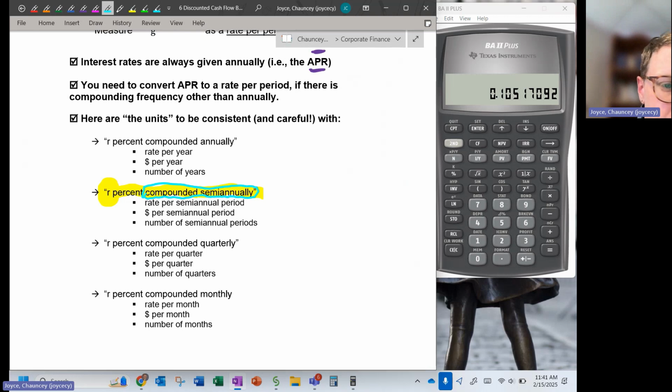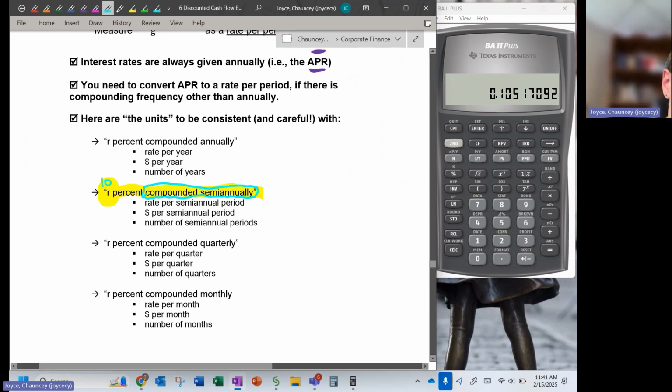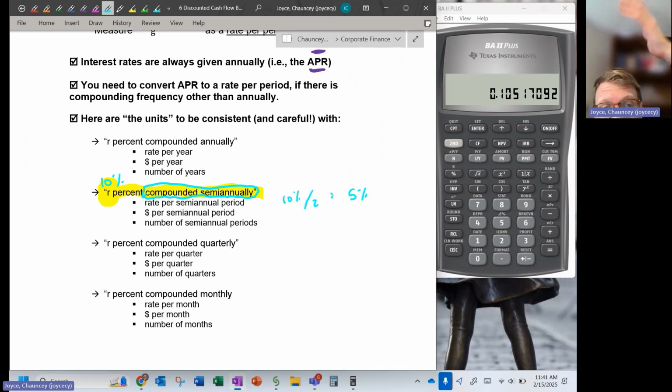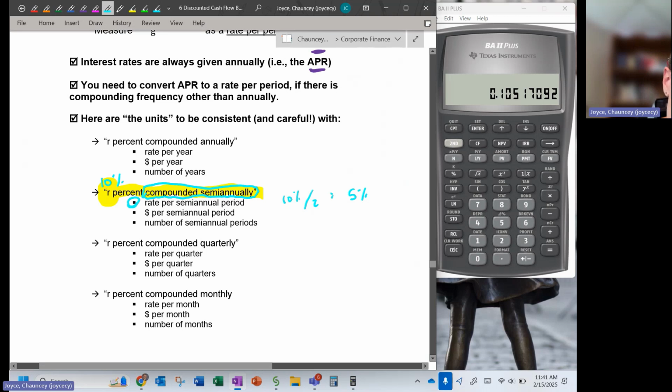So if you get a question that says 10% compounded semi-annually, you need to take that APR of 10%, divide by 2, and it's really 5% per semi-annual period. And then the cash flows need to be consistently measured on a semi-annual basis, such as bonds. And then you need to measure time in semi-annual periods as well. So these three things need to be consistent. That rate, we consider the risk, the magnitude, and then time for a number of semi-annual periods.